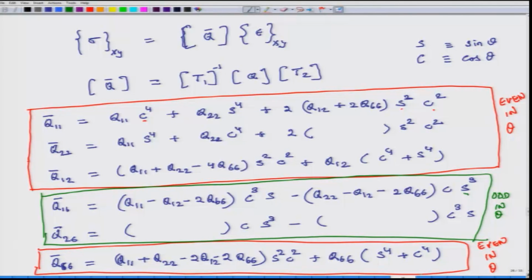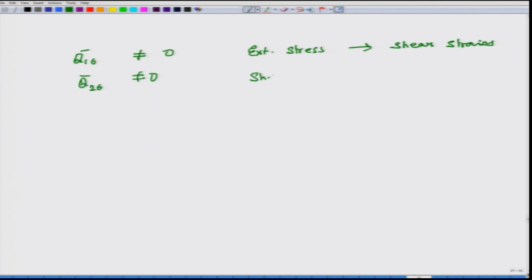The other thing I would like to say is that because Q16 bar and Q26 bar are not necessarily 0, this mathematically implies that extensional stresses can generate shear strains, and shear stresses can generate extensional strains, and vice versa.